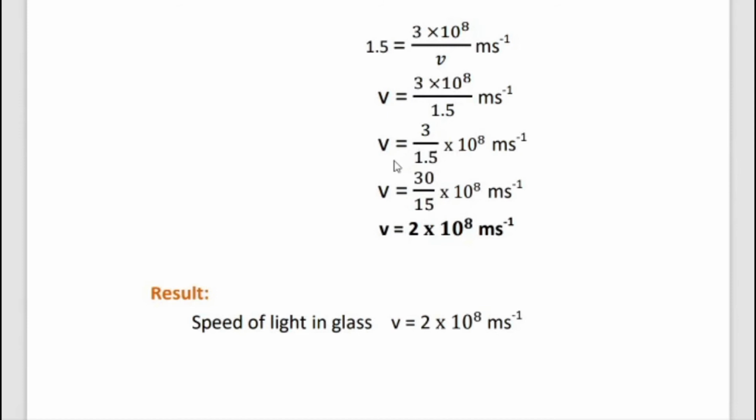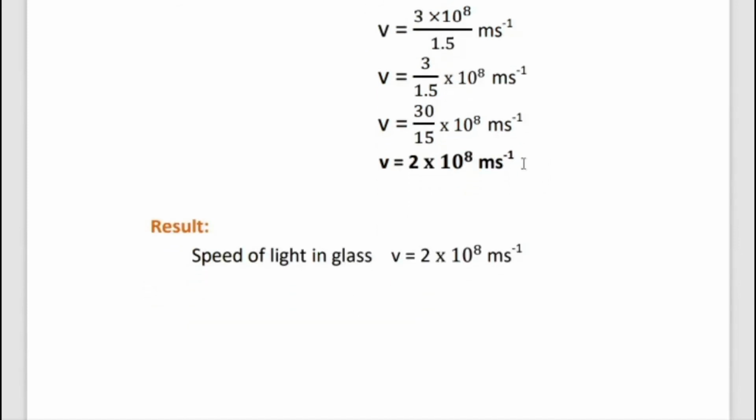Next step, V is equal to 3 by 1.5 into 10 power 8 ms power minus 1. So 1.5 is a decimal, so we multiply by 10 on both sides, and we get 3 into 10 divided by 1.5 into 10, that means 30 by 15 into 10 power 8 ms power minus 1.